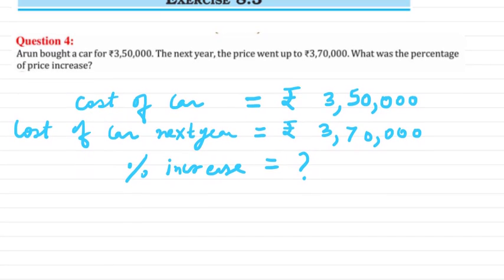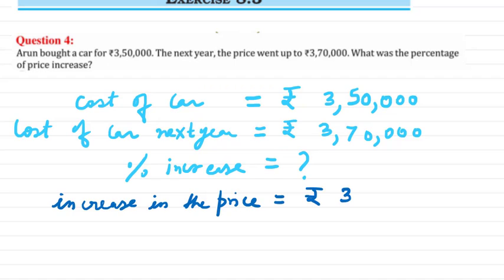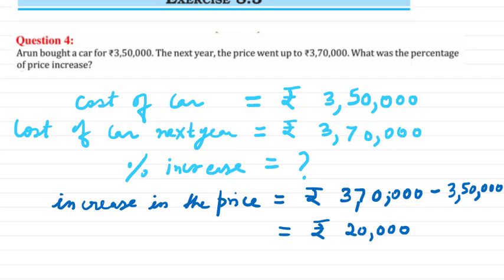First you will find out increase in the price. So what is the increase in price? It is the new cost, that is rupees 3,70,000 minus the previous cost, that is 3,50,000. So now the difference will be how much? You can see here the difference will be 20,000. So this is the increase in the price. But now you have to find out here the percentage increase.